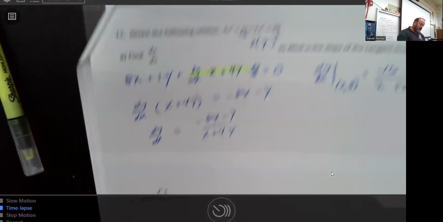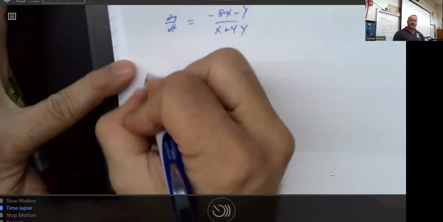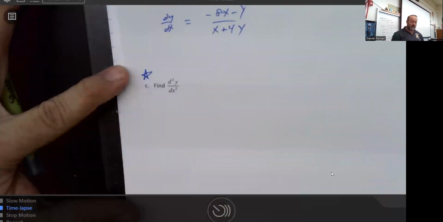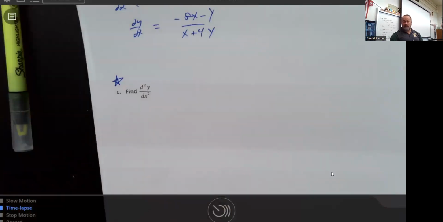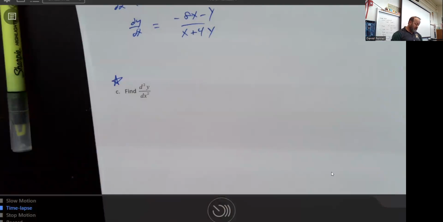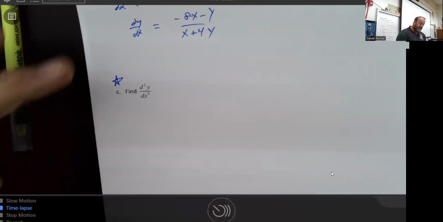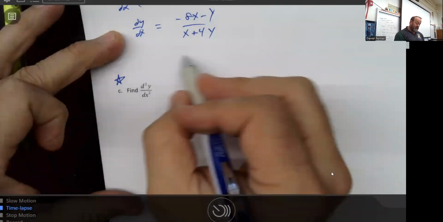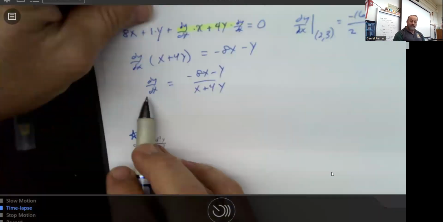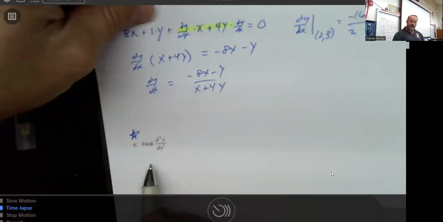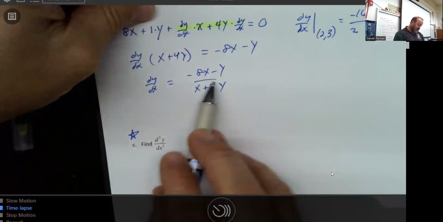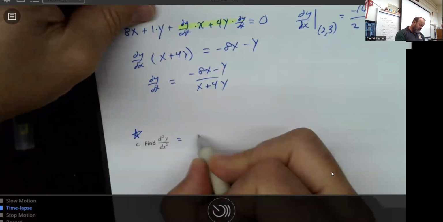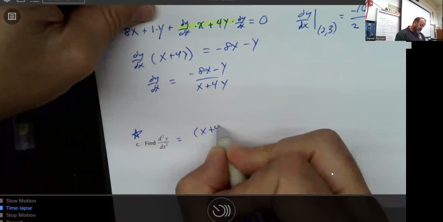Now, here is where I wanted to spend the bulk of my time for this little video, because I want to try to find d squared y dx squared. And there's some work to do here. So first off, if I took the derivative of dy/dx, that's how I get d squared y dx squared. So I need to take the derivative of that derivative. So I'm going to have a low d high.